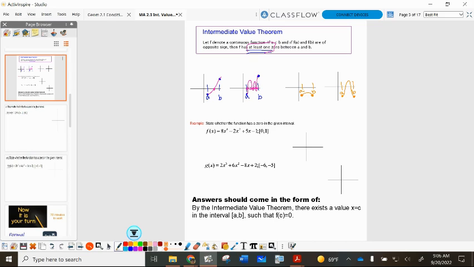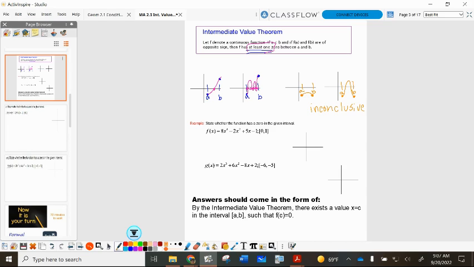So the intermediate value theorem does not speak to this. We would say it's inconclusive when they're of the same sign, because we don't know whether or not it crosses. But we do know that if it crosses, there must be at least one value in that interval, c between a and b, where f of c is 0.